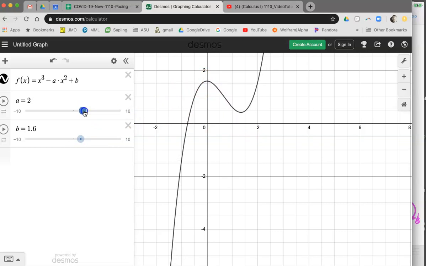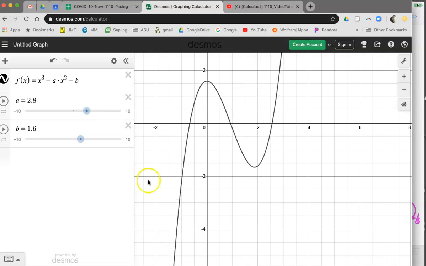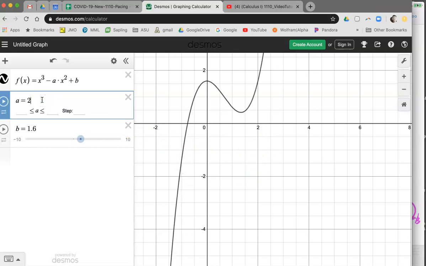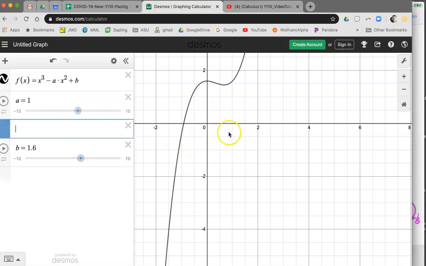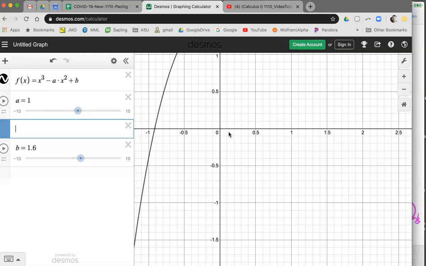But a does change where the maximum and minimum occur. But it doesn't change the fact that we're going to have a maximum at 0 and a minimum at 2a over 3.